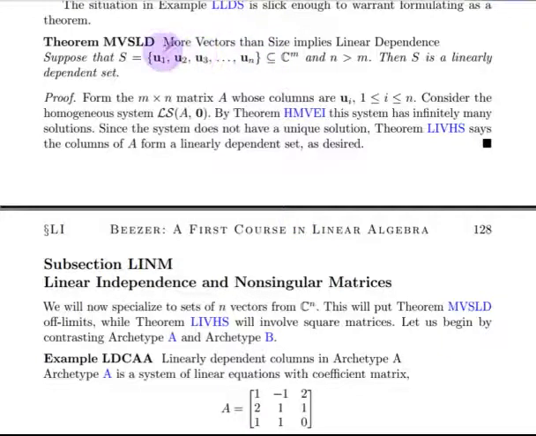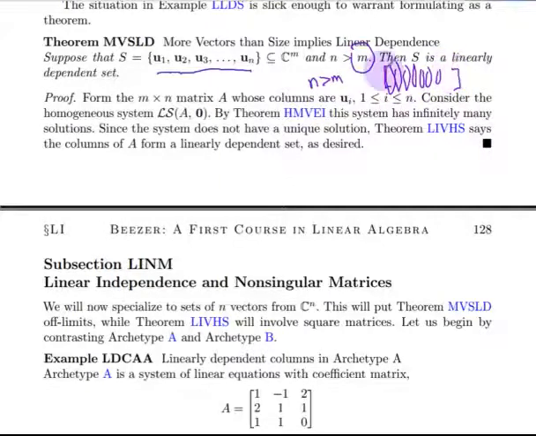All right, so a special case of this, or something that follows very quickly from this, is that if there are more vectors than the size of the vectors, then S is a linearly dependent set. In other words, if I have a matrix that has more columns than rows, and I take these columns and consider them as vectors, so if I have n bigger than m, so that means more columns than rows, then these columns are definitely linearly dependent.